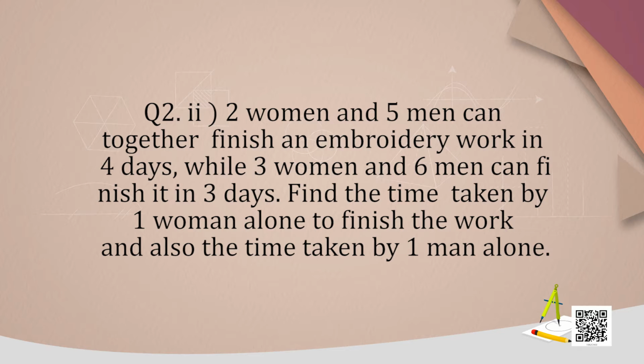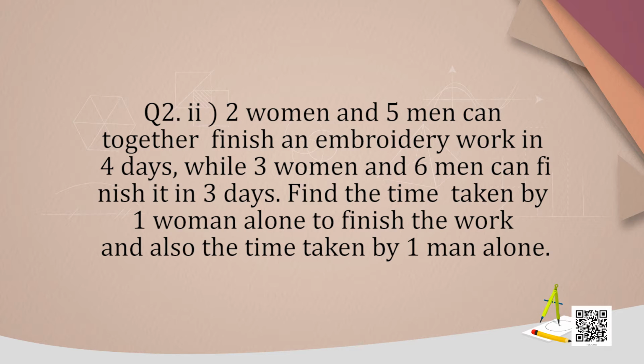This question says 2 women and 5 men can together finish an embroidery work in 4 days, while 3 women and 6 men can finish it in 3 days. Find the time taken by one woman alone to finish the work and also the time taken by one man alone.